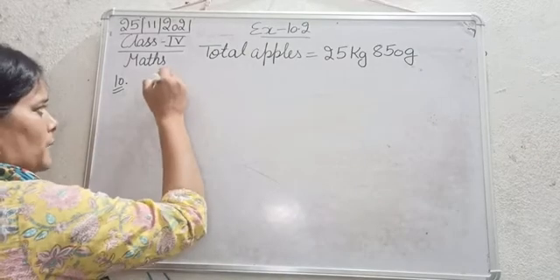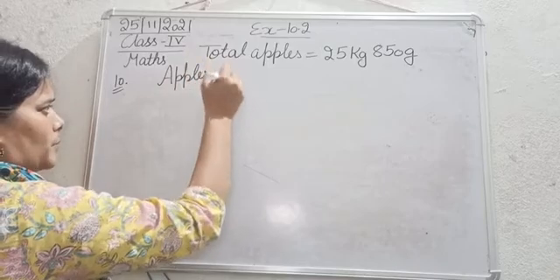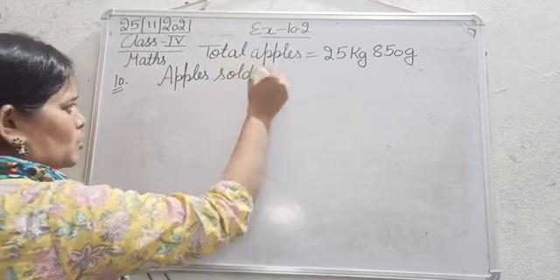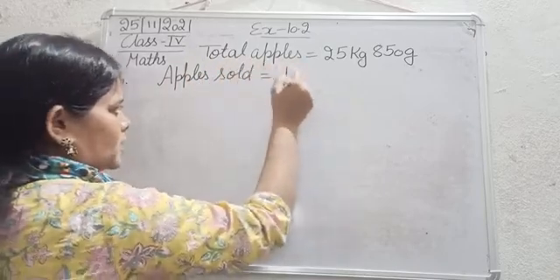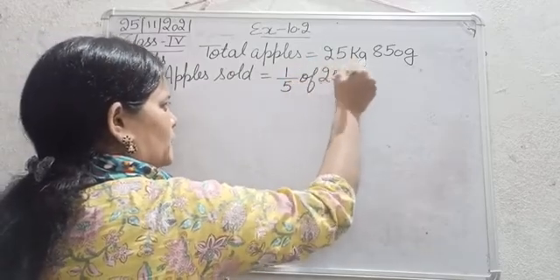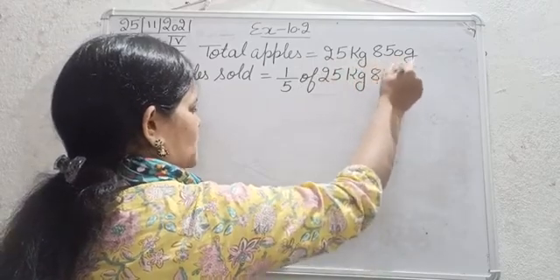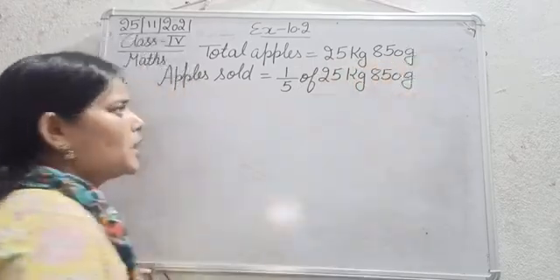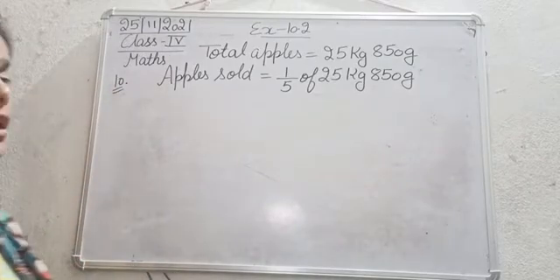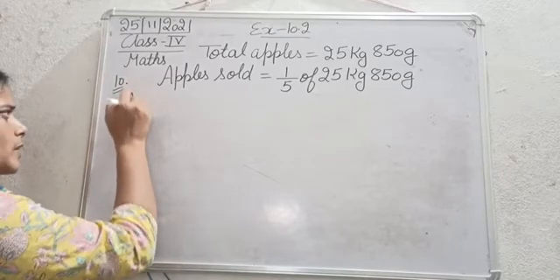Next, apples sold, that is 1/5 of 25 kg 850 gram. So now we need to find out the apples that are being left. We need to find out apples left.